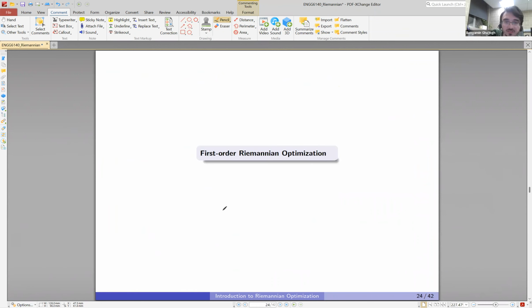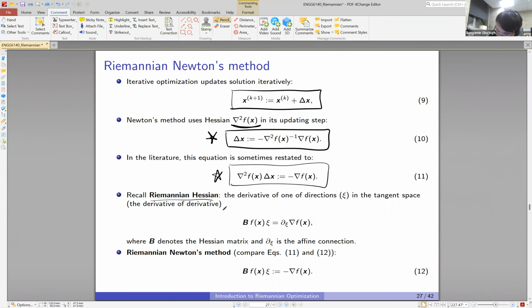I'm repeating it here. Interestingly, they're very similar. If you compare, this is Newton's update in the Euclidean space, and this is the Riemannian Hessian.